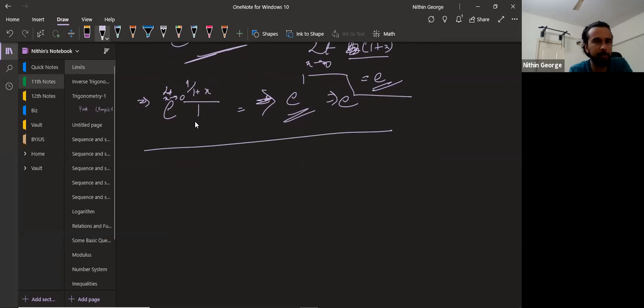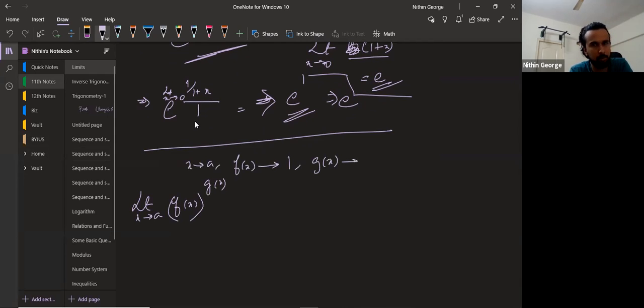So there's a formula that can be derived from this. As x tends to a, imagine f of x tends to 1, and at the same time g of x tends to infinity. And you have a function in this form, f of x raised to g of x.